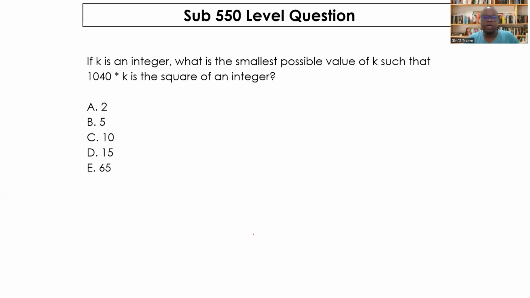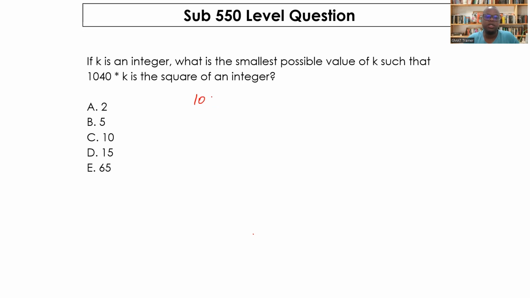One property of squared integers is that they have even powers. Therefore, the most appropriate thing to do first would be to prime factorize 1040 and see what prime factors we get, and that will inform what the value of k should be. So let's prime factorize it.